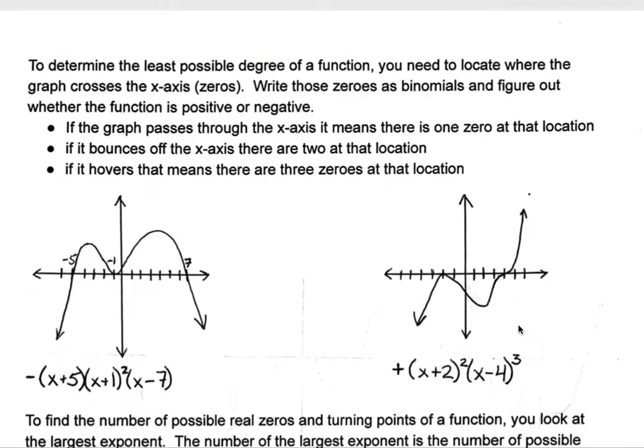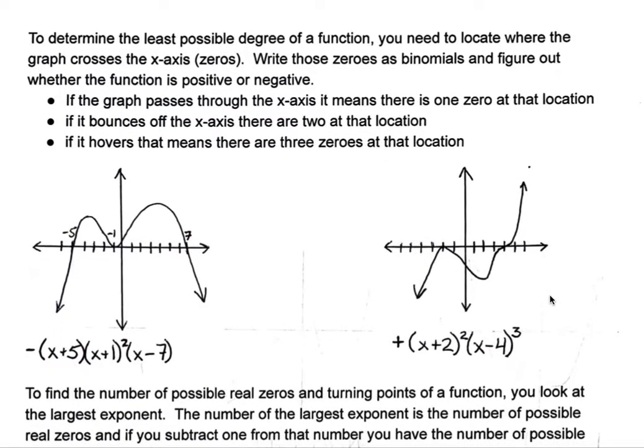Now, in order to determine the least possible degree of a function, you need to locate where the graph crosses the x-axis, the number of zeros. Write those zeros as binomials and figure out whether the function is positive or negative. In this case, we cross at -5, so we give it an x plus 5. We cross at a positive 7, we give it an x minus 7.